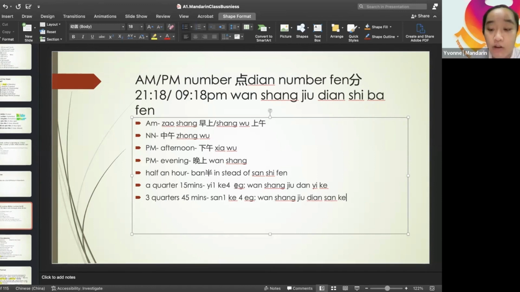So this is equivalent to 9:45 p.m. While this one on top is equivalent to 9:15 p.m. On this one, I'll do the example as well. So this is 晚上9点半.